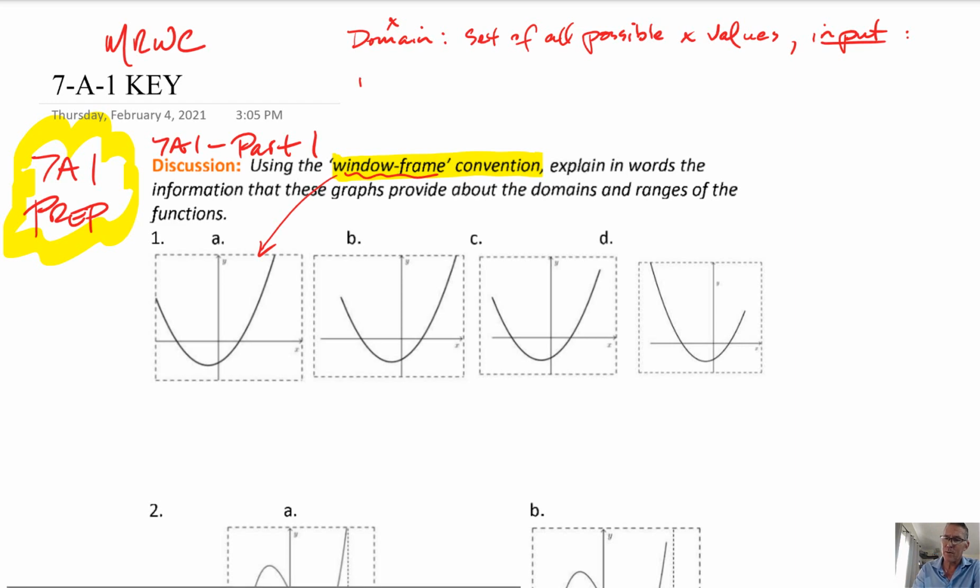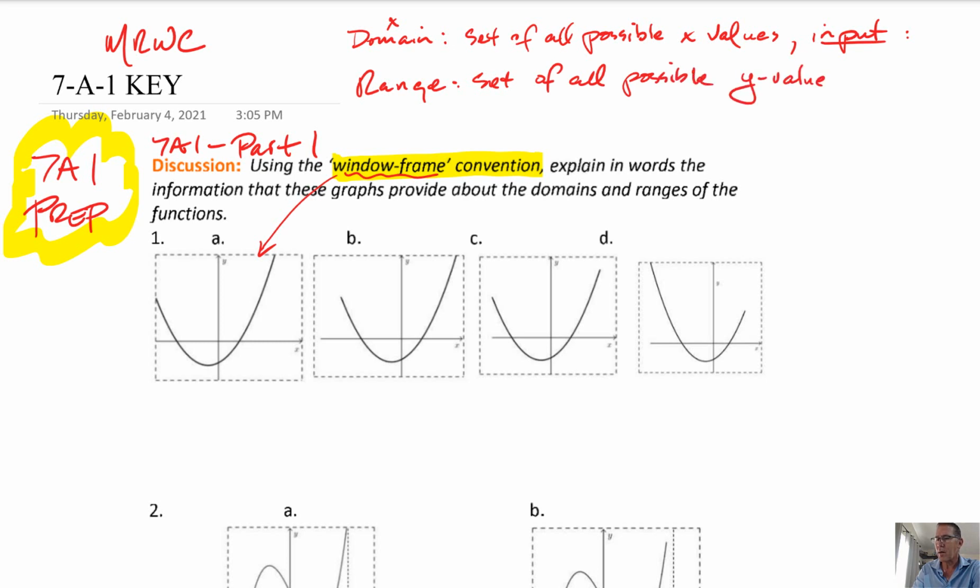Now the range is different. It's the set of all possible y values if we're dealing with, say, f of x equals some linear or quadratic function. We regard that as the output of the function.